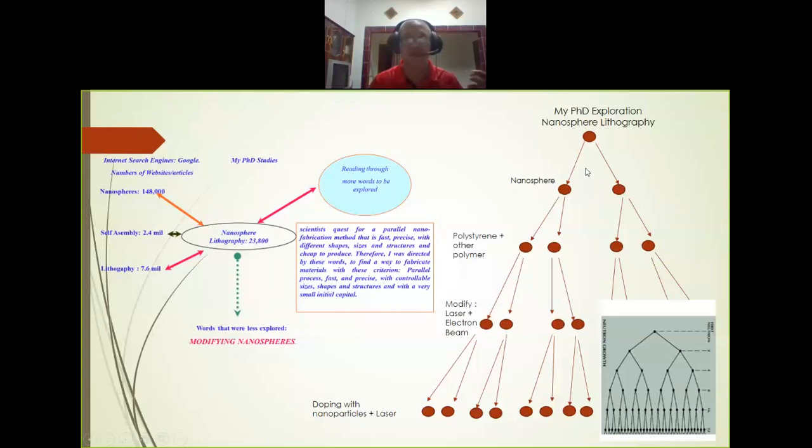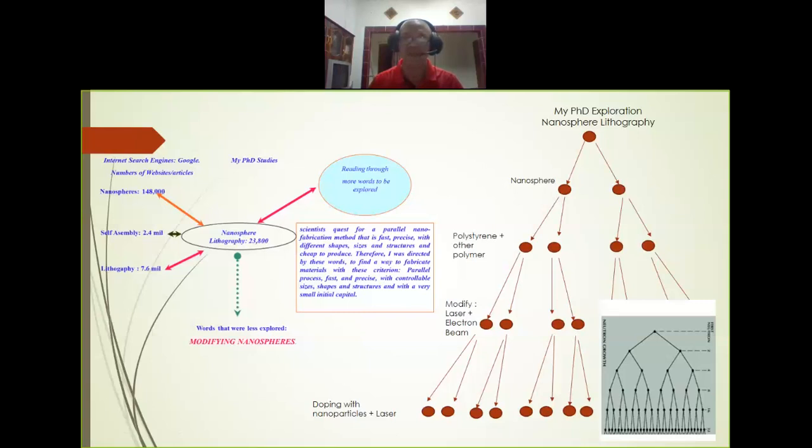I can look at nanospheres. From nanospheres, I found that they can be polystyrene materials, or silica, or other materials. Then from focusing on polystyrene nanospheres, I tried to find how to modify the polymer. We can use laser and electron beam.